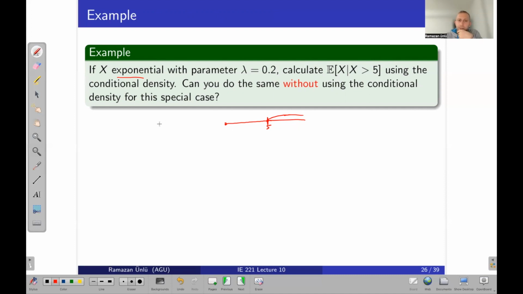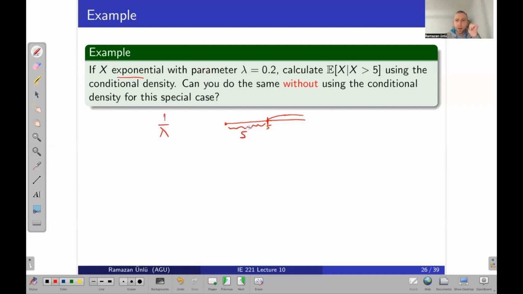The expected value of the exponential distribution is 1 over lambda, right? Without using any other formulations, until this point I can use 1 over lambda, which means 5. So the expected value of x is 5.